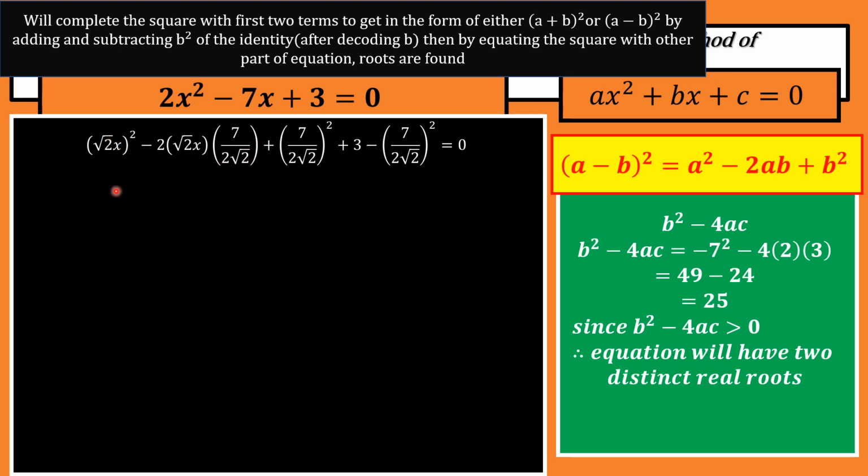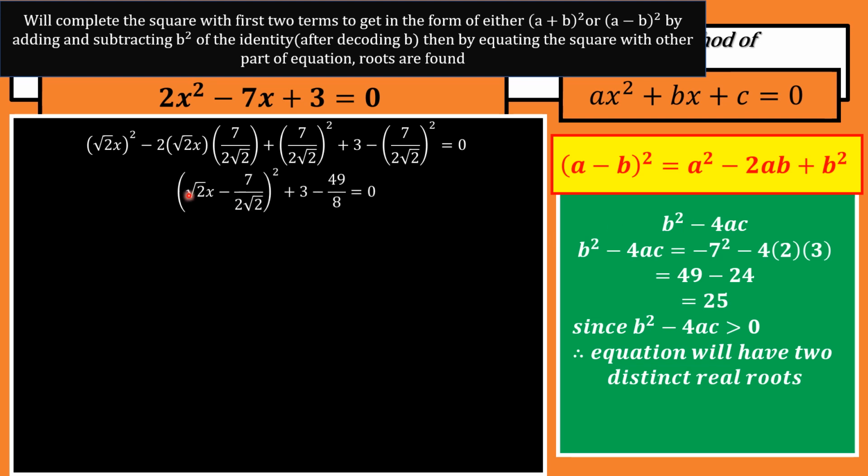A square, 2a, b: we will equate this to the second term and find b. This is b, so we'll square it, b square, one time added, one time subtracted, which means we are actually doing nothing to the equation. Equality is maintained, right? Plus 3 is here.